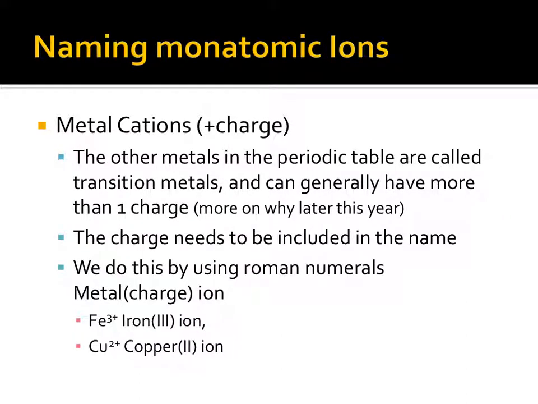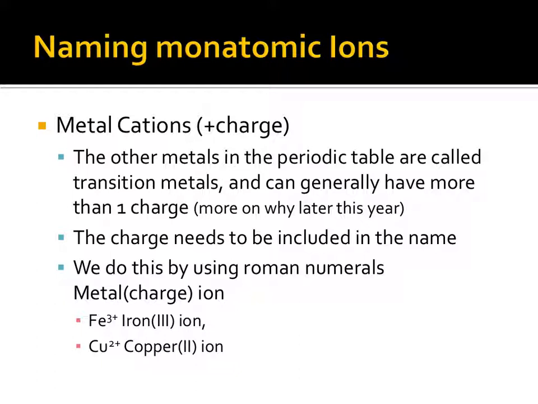With all of the other metals on the periodic table, they can have more than one charge. Not at the same time, but they can make ions of different charges. We'll talk about why later on when we talk about electron configuration. So for now, just trust me that it happens.